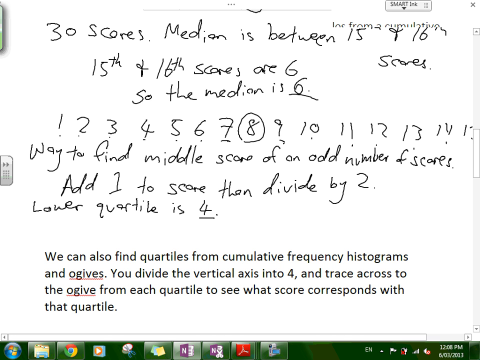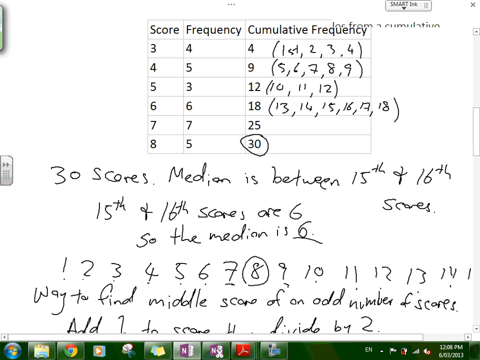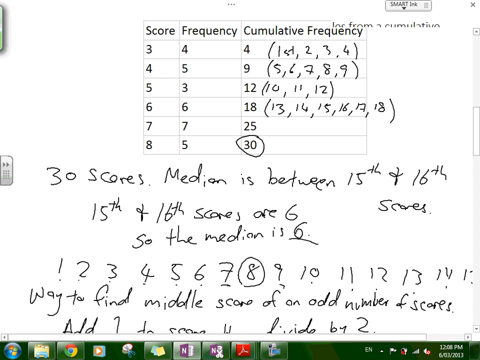Good. And what is the upper quartile? What's the upper quartile going to be? This is what you've got to think about. What's the upper half?